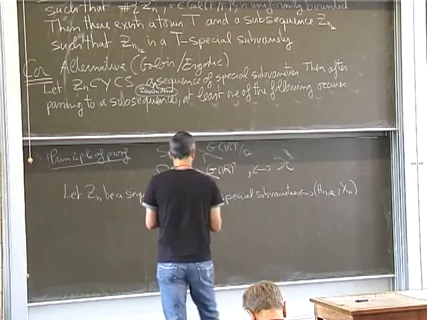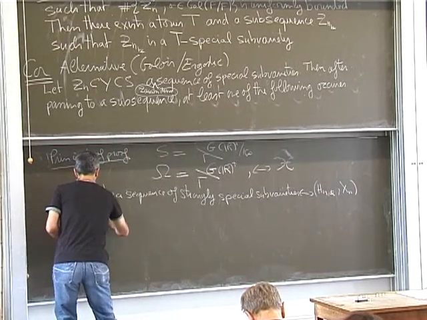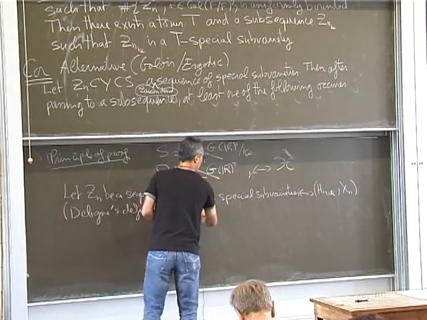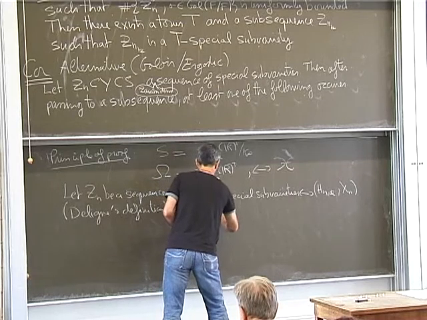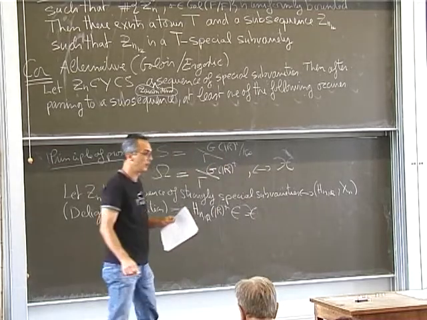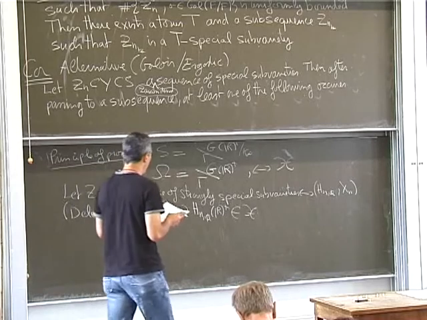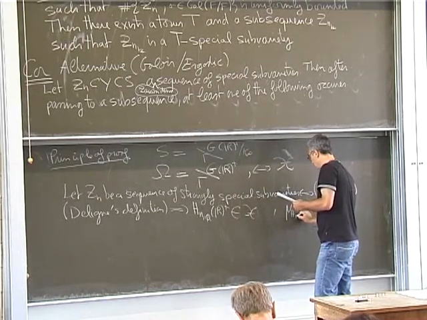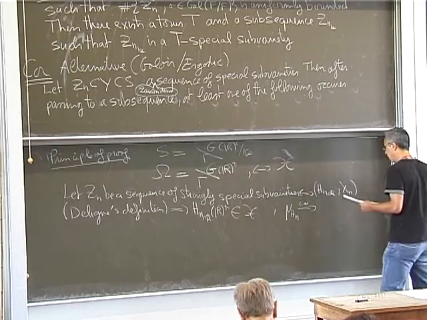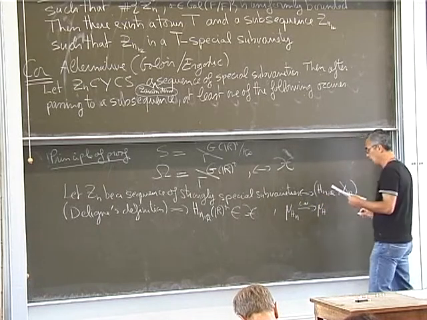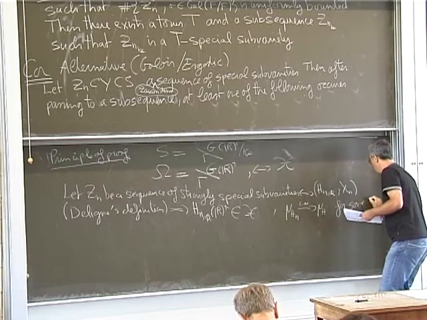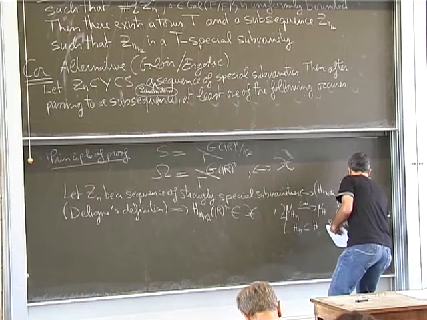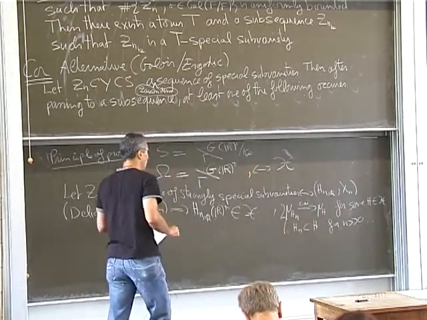And using the definition by Deligne, this will imply that H n and Q of R plus is in fact in my class H. And passing to a subsequence, I can assume that mu H n, using the Moses-Shah theorem, converges to mu H for some H in H, with the property that H n is in H for n big enough.